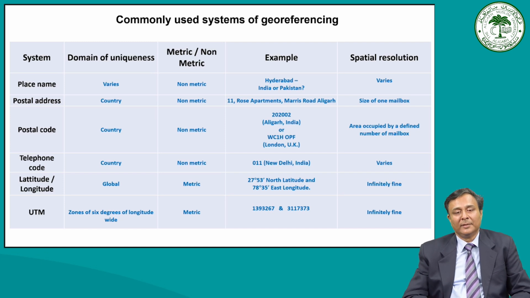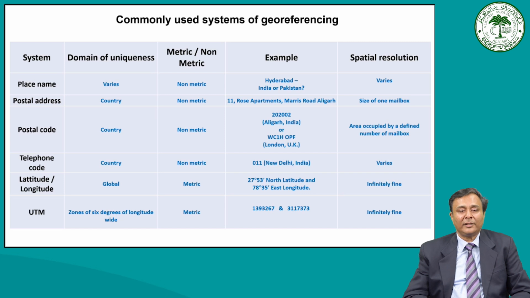Now we have moved to mobile connections. So here, some digits are assigned to a certain service provider. But again, I would say that these do vary. So we may not take it as a consistent georeferencing system for representing the spatial information.